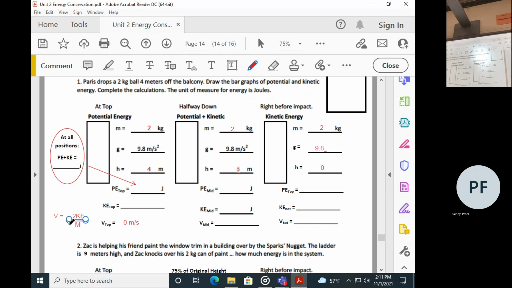We just have to use a pencil and draw it. So add that to your paper so you have that to use later. Velocity equals the square root of 2ke divided by m.